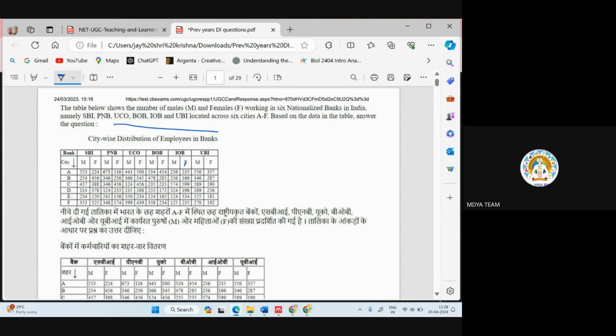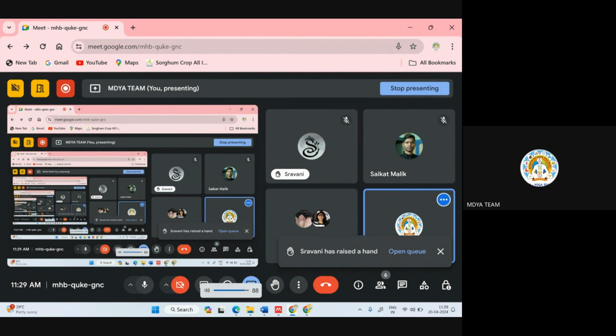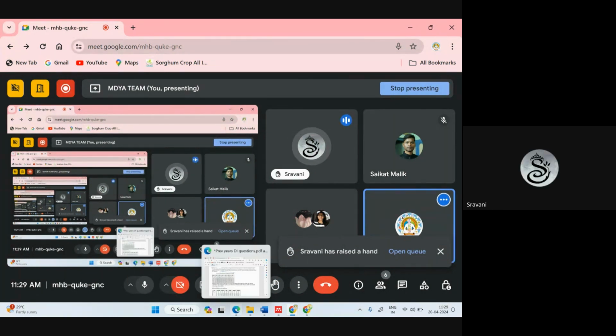Okay. So let's understand this table. Who will explain this table? Yes, Shravani ji. Yes, so can you show the question?